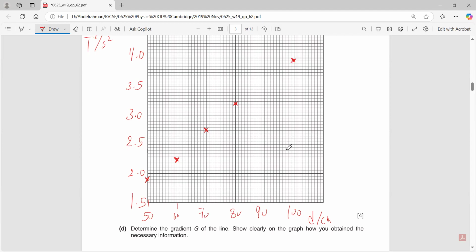Let's draw a line of best fit. Okay, this is a line of best fit. Yes, this would be a straight line. It doesn't have to pass through all of the points, not at all. It just needs to pass through most of the points.